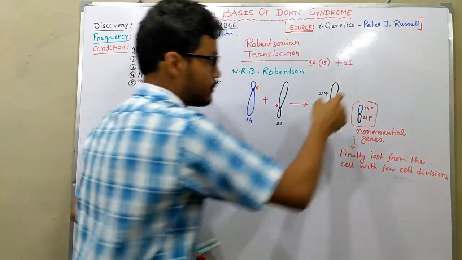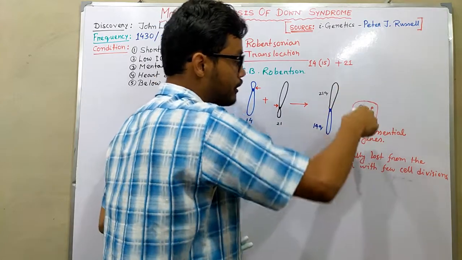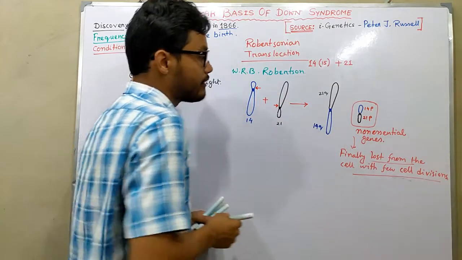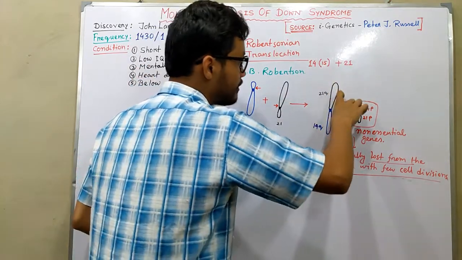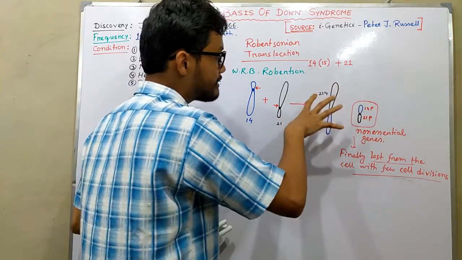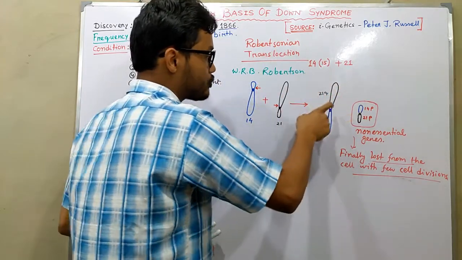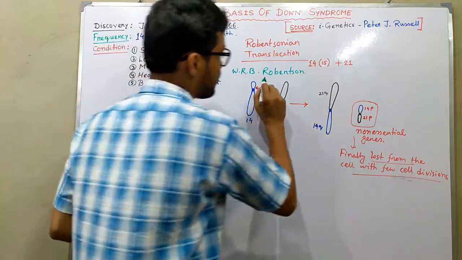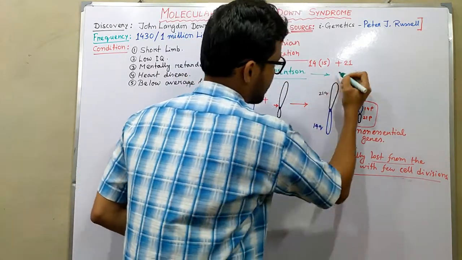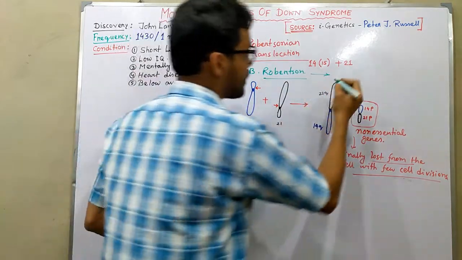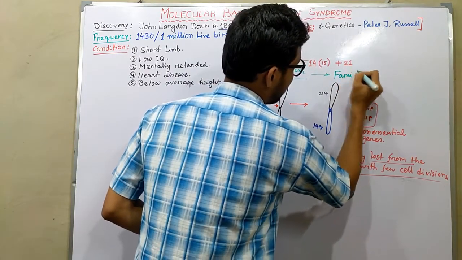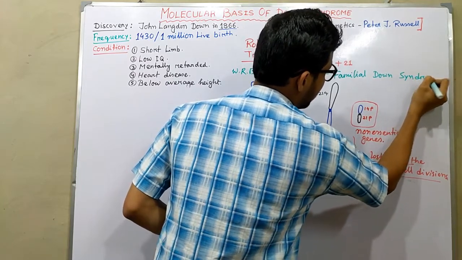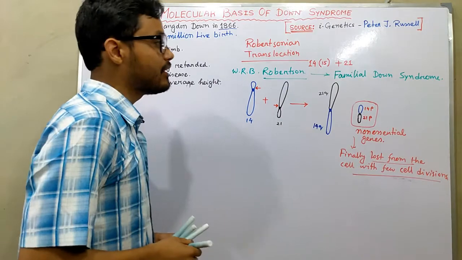The chromosome that has both long arms is actually responsible for Down syndrome. In this case, Robertsonian translocation forms a condition of Down syndrome that is known as familial Down syndrome.